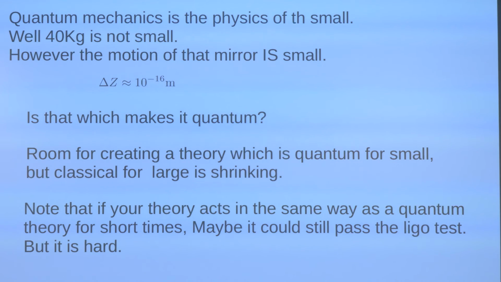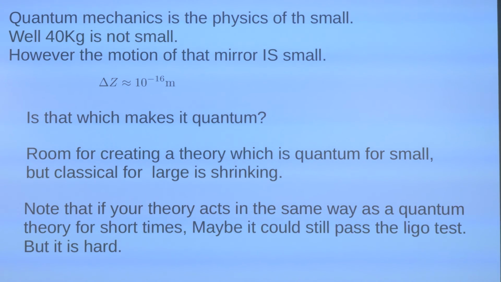But it's hard to sort of see that this 40-kilogram object is acting quantum mechanically, yes, on these kinds of scales, but at that point it becomes really hard to set up a theory which is quantum only at very tiny distances but classical at bigger distances. So the room for creating a theory like that is, I think, pretty small by now.